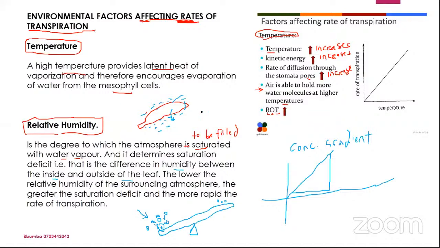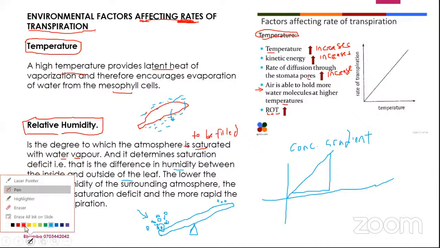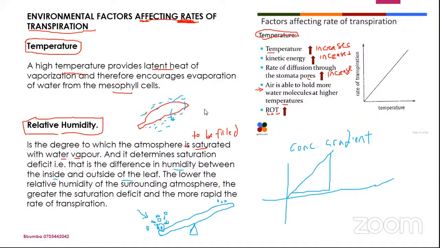But in case this leaf didn't have any water vapor or humidity around it, there would be a high concentration gradient. That is, inside the leaf there is more of the vapor, or the water, which wants to escape, and outside there is nothing.